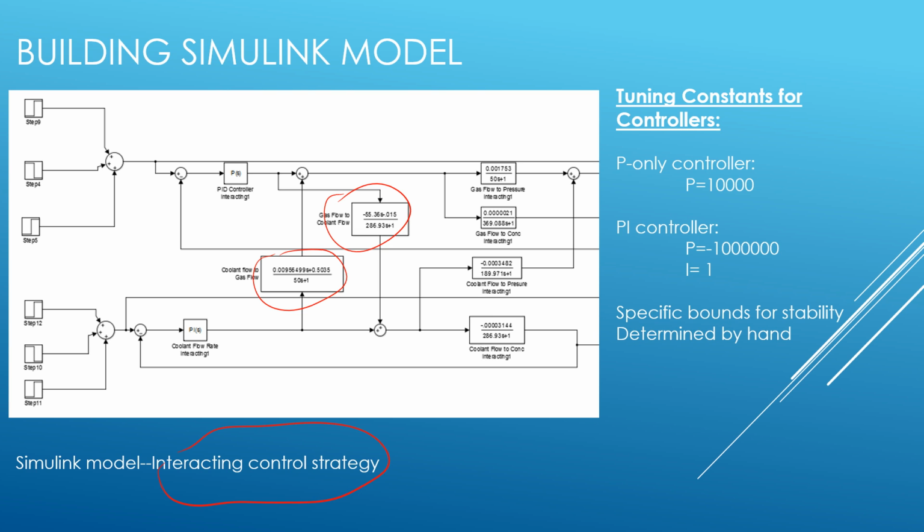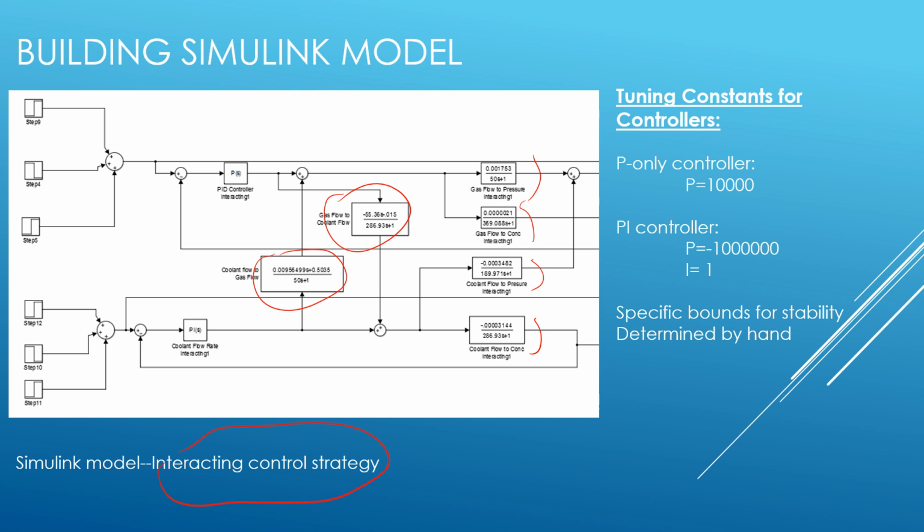And so we implemented these transfer functions that we found from our doublet tests here, and then using the ratios of our process versus our disturbance transfer functions, we're able to get the ratios that should give us theoretically perfect control, predicting what's going to happen to the coolant flow rate when you change the mass flow rate, and vice versa. And then by predicting what our transfer functions would be, we were able to generate predictions for our P and PI controllers, and then tune those to get the best performance from the system.